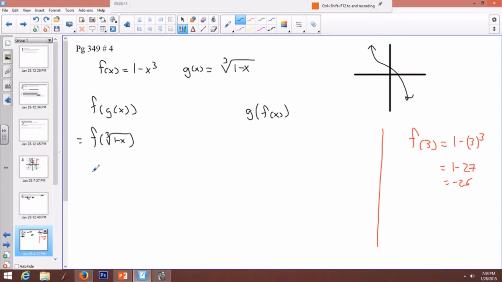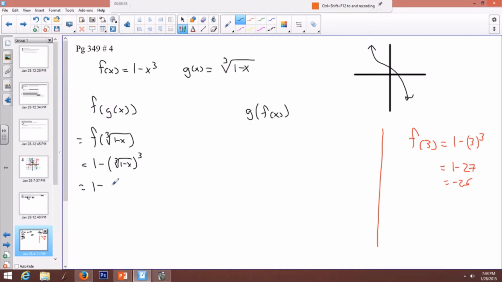And the function f is 1 minus whatever you're plugging in to the third power. So this becomes 1 minus the quantity third root of 1 minus x, to the third. Now remember, the third root and the third power cancel out.